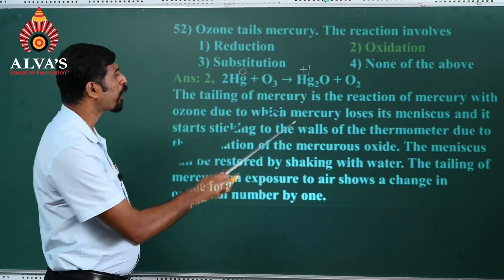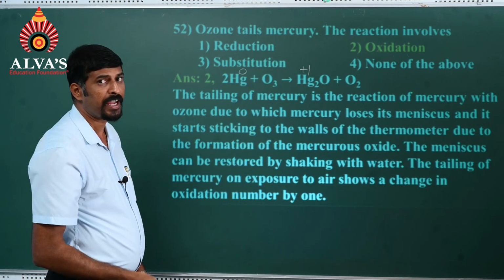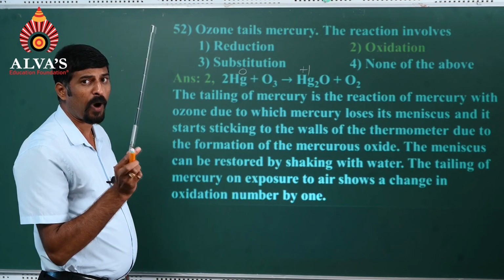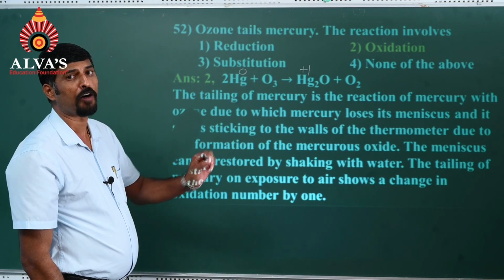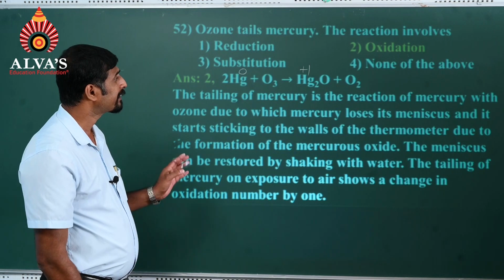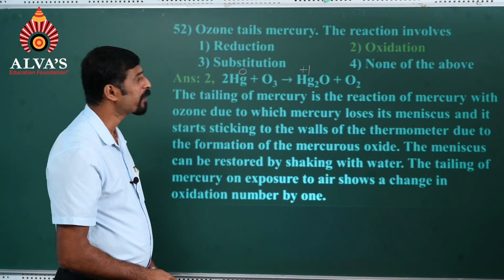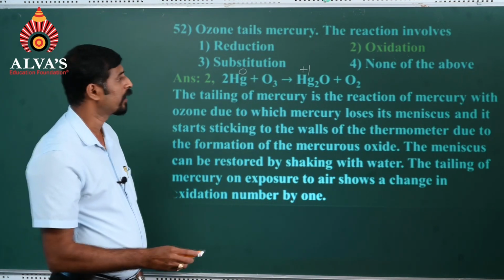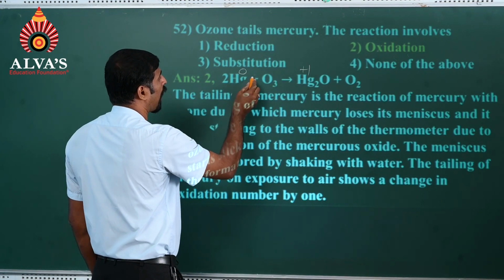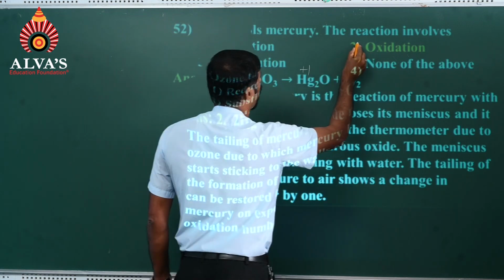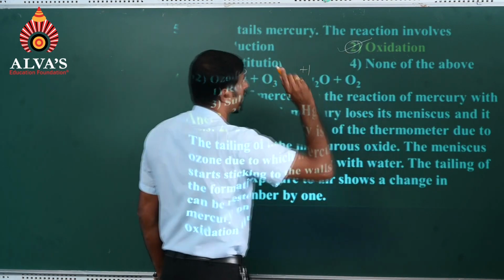Because of the formation of mercurous oxide, it sticks to the wall of the thermometer and that is called tailing of mercury. So, this tailing of mercury is nothing but an oxidation process. Therefore, here 0 to +1, it is oxidation. Hence, the second option is the right answer.